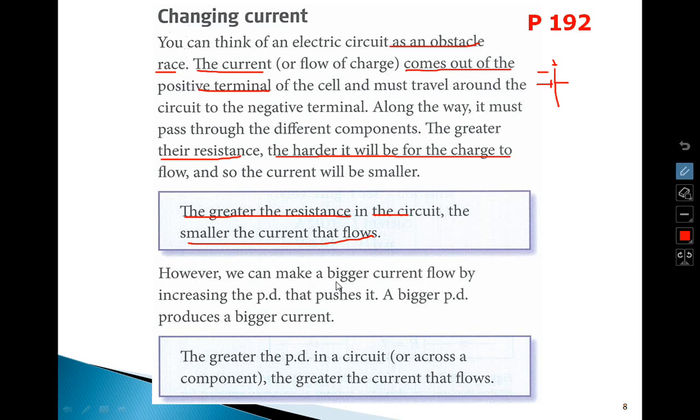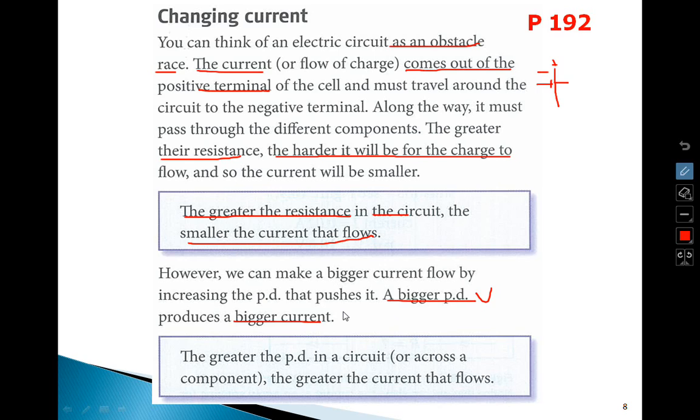However, we can make a bigger current flow by increasing PD. If we increase the voltage, which pushes current to flow through the circuit, a bigger PD or voltage V produces a bigger current.